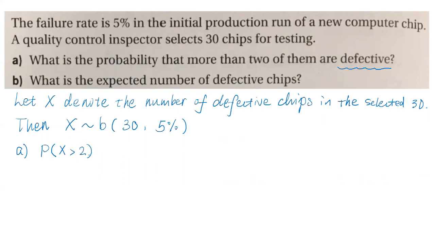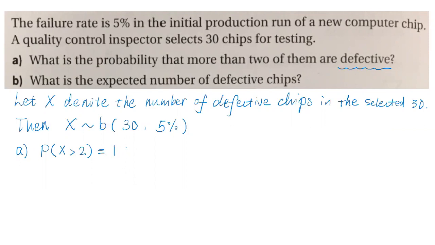So the probability of X more than 2 means X could be 3, 4, 5, 6, 7, 8 until 30, right? If we calculate straightforward, there are a lot of calculations, right?